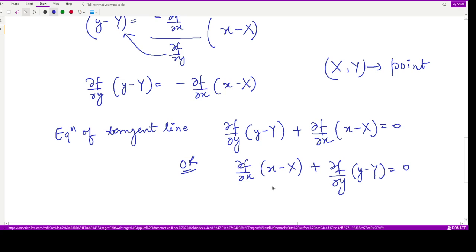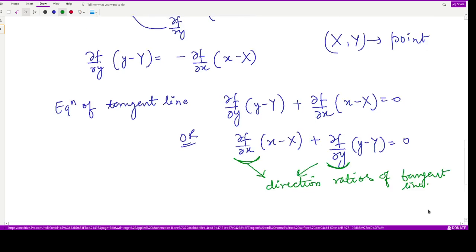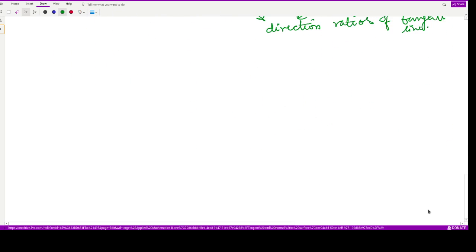So from here you see what these are: del f by del x and del f by del y are the direction ratios of the tangent line.